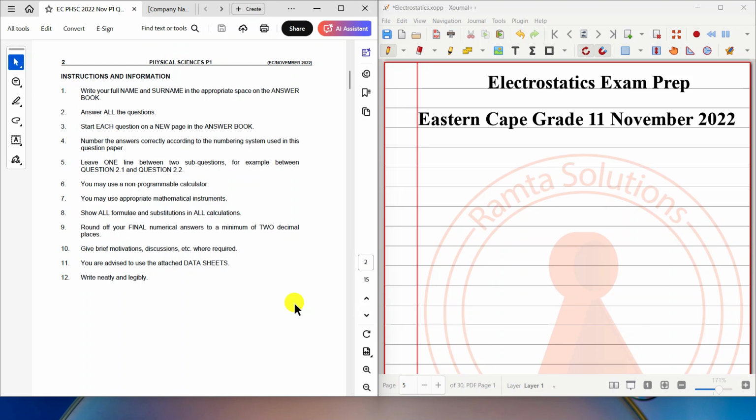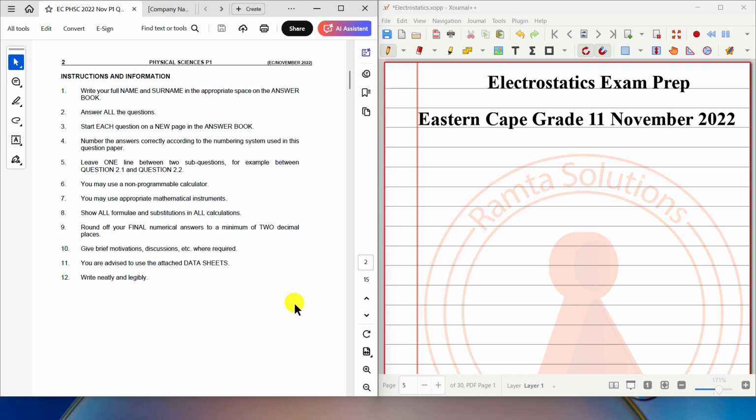Of course, you don't want to work with 100 decimal places, right? So work with a minimum of 4 or 5 decimal places and only round your final answer off to 2 decimal places. Then instruction number 10, give brief motivations, discussions, etc.